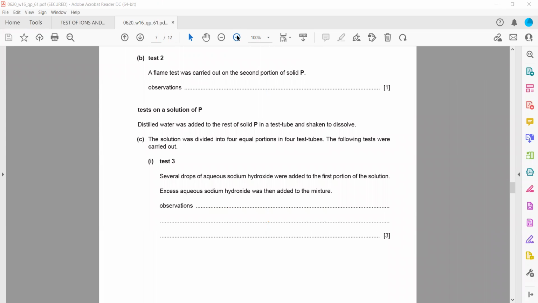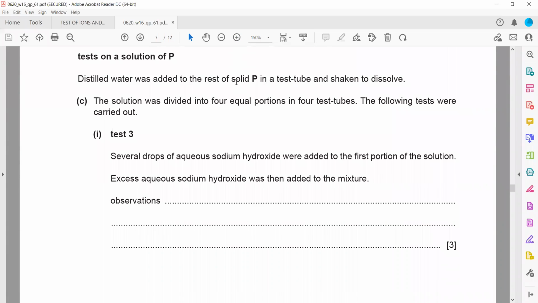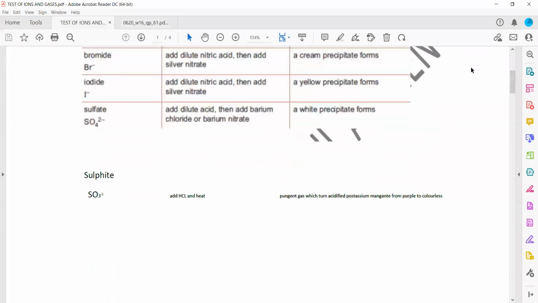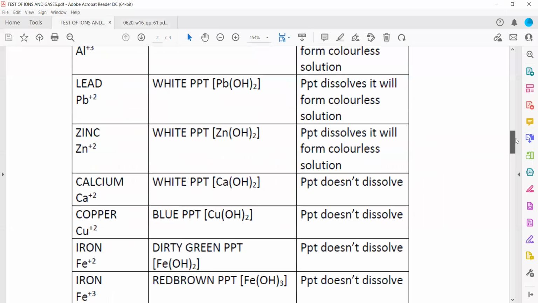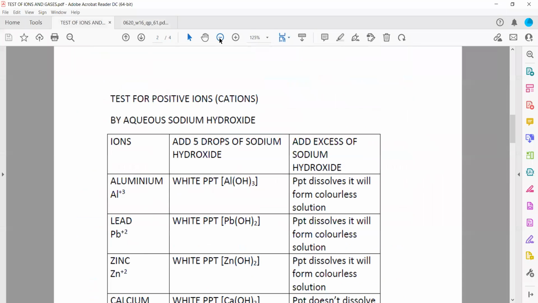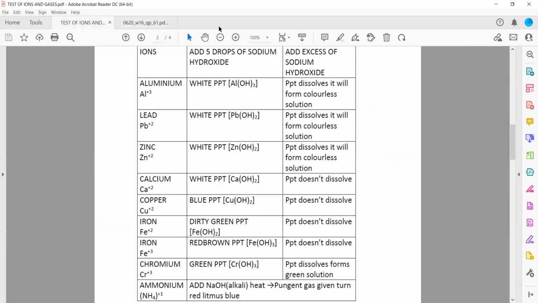In the test on solution P, distilled water was added to the rest of solid P, and several drops of sodium hydroxide were added, and then in excess. So if you have aluminum and you're adding sodium hydroxide, it will give a white PPT. And in excess, what will happen?